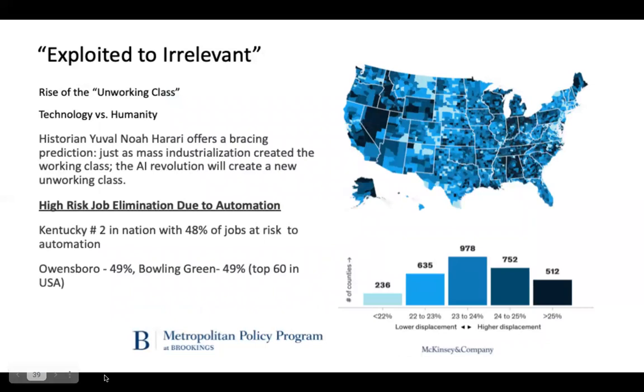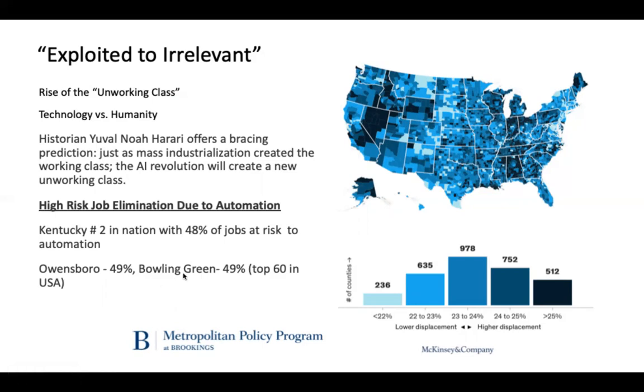The other piece I think that's important is we talked about AI a moment ago, and AI is going to very definitely change things, because there are parts of Kentucky. Kentucky is the number 2 state in the nation with 48% of jobs at risk to automation. And Owensboro and Bowling Green are 2 cities that also are noted having about 49% in each community with jobs at high risk of elimination due to the AI revolution.